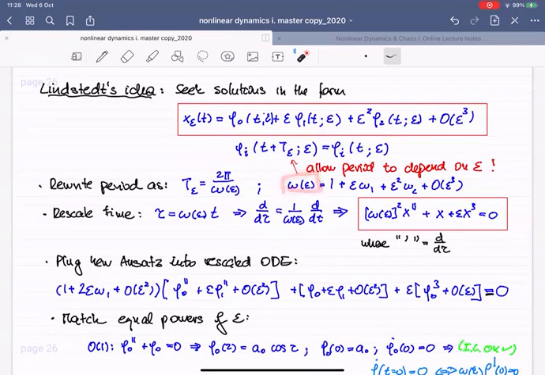But I'm expanding the period in terms of epsilon. So this is the linear period 1 plus an order epsilon correction, an order epsilon squared correction, and higher order terms. And this is still embedded because it's in the period, right? So it's somehow inside the dependence of phi on time.